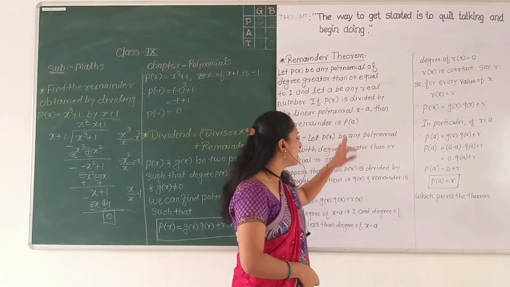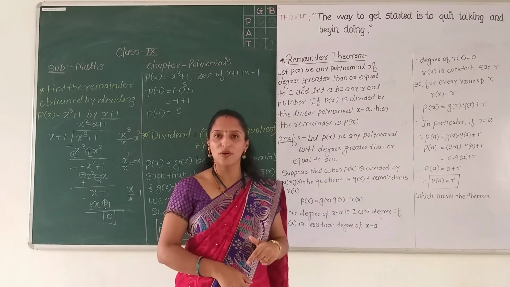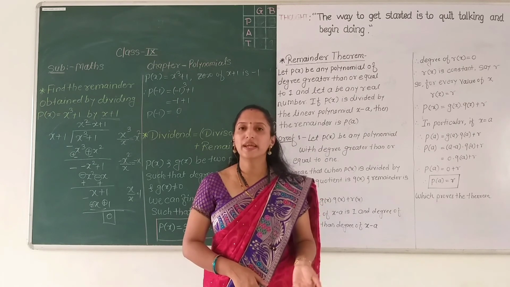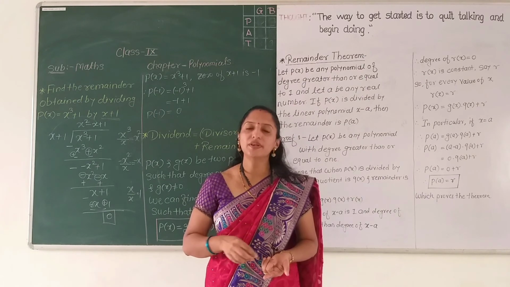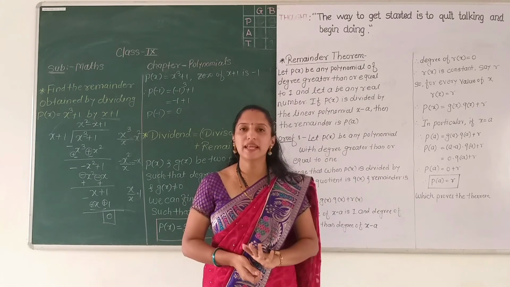So this is our remainder theorem. When we divide a polynomial by a linear polynomial, we get a remainder, and it is the same when we substitute the zero of the divisor in the polynomial.